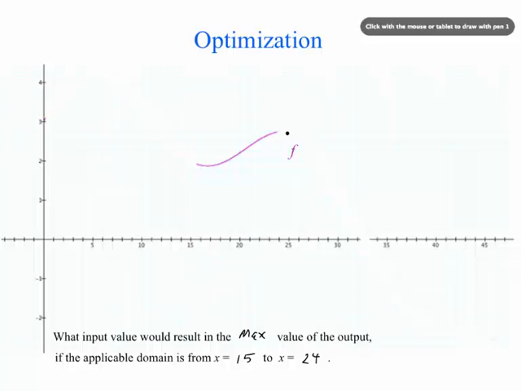Okay, what X value is going to give me the maximum output if I'm only considering from 15 to 24? 24. Right here. And what is the value of the maximum output? F of 24 is the max. So x equals 24 is the choice we make to get the maximum value of f of 24.